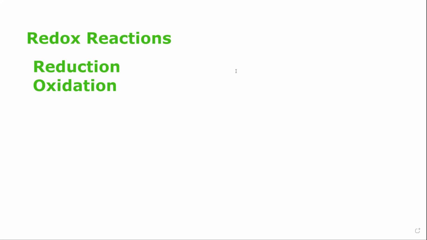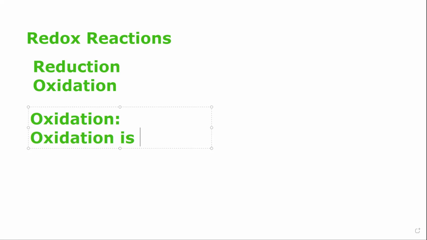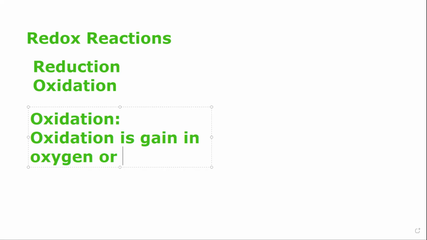There are several definitions of oxidation and reduction. The most common one is that oxidation is a gain in oxygen or a loss of hydrogen. So let me write it here. The definition for oxidation is: oxidation is gain in oxygen or a loss of hydrogen.